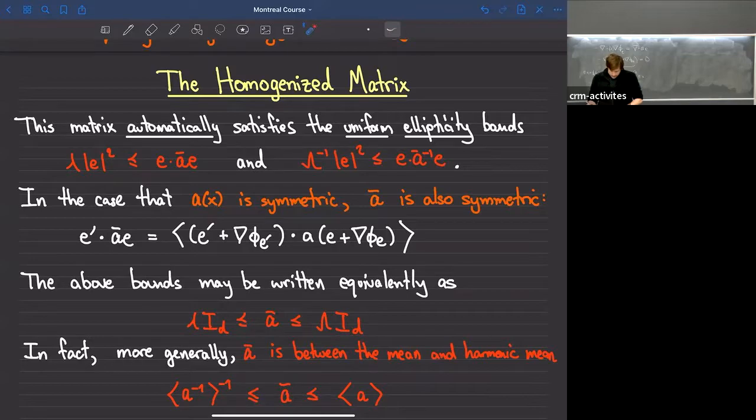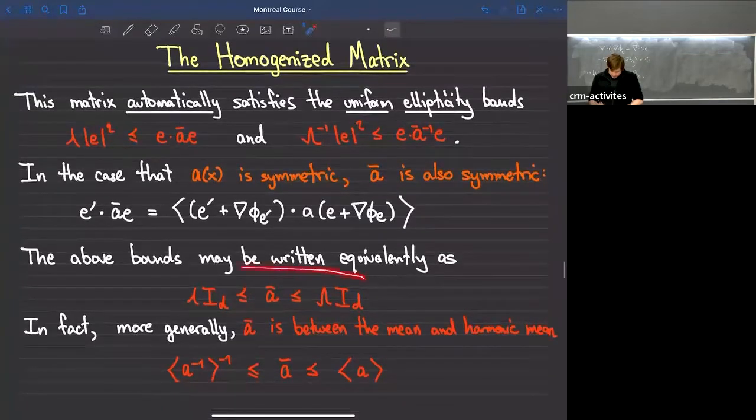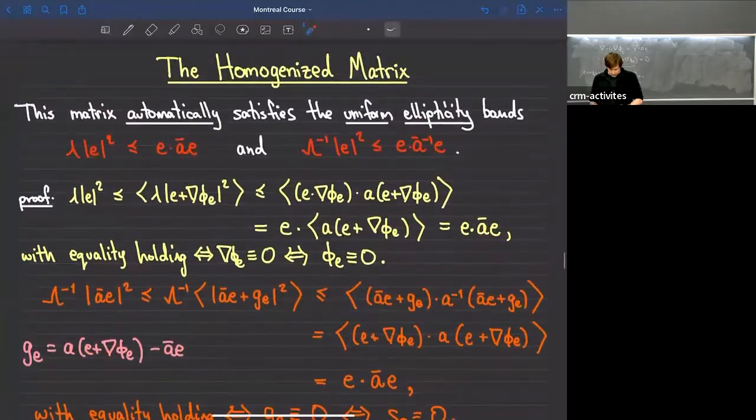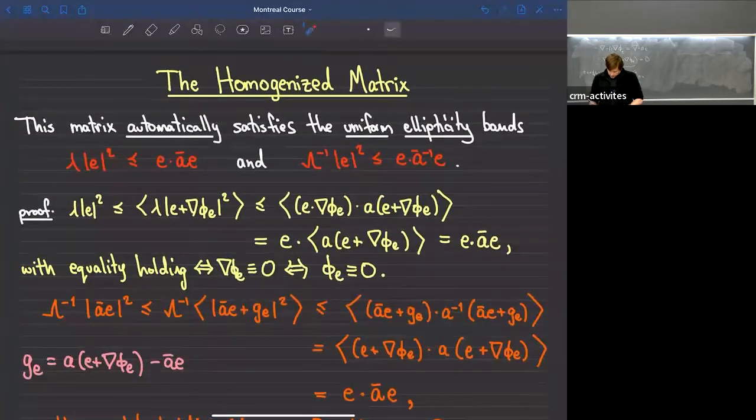If the thing is symmetric, then like I said earlier, the bounds I wrote can be written in terms of the partial order on symmetric matrices as just being bounded between two multiples of the identity. And there's a more general fact, which is also implicit in what I wrote above, that A bar is actually between its mean and its harmonic mean. If you go through the proofs that I wrote back here, you don't actually have to get A bar here.